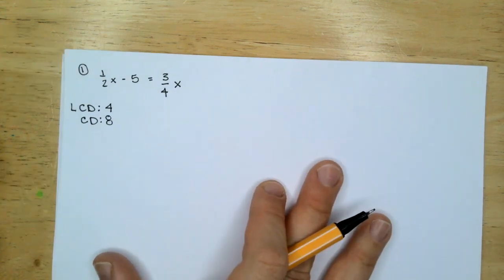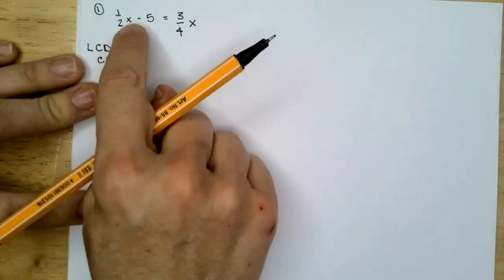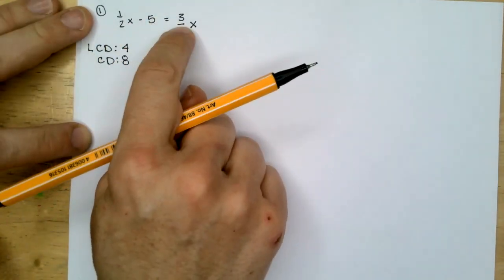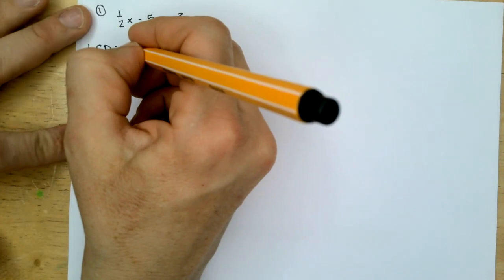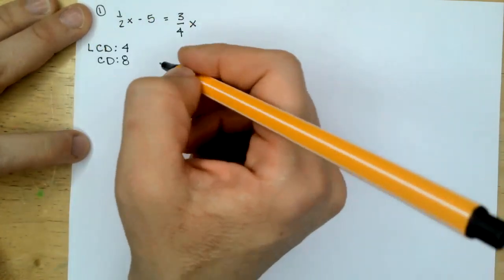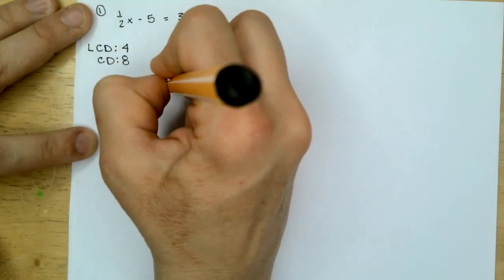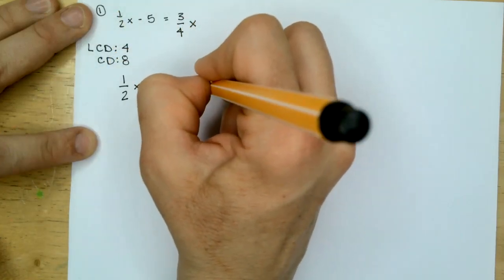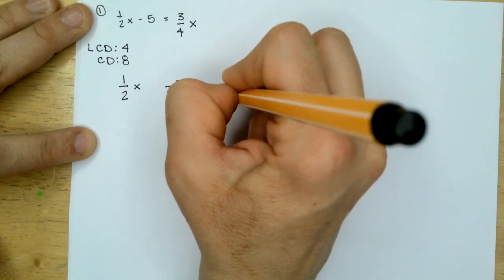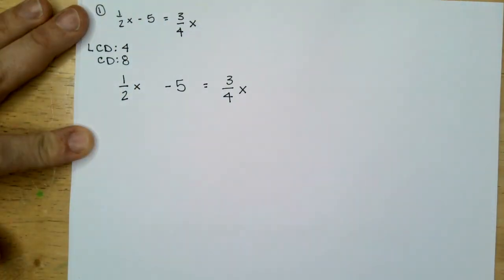Now that I have that, I want to take every part of the equation, there are 3 parts, and multiply it by the least common denominator. Not by a fraction, just by the least common denominator. So I have 1/2 x, I have -5, and I have 3/4 x.